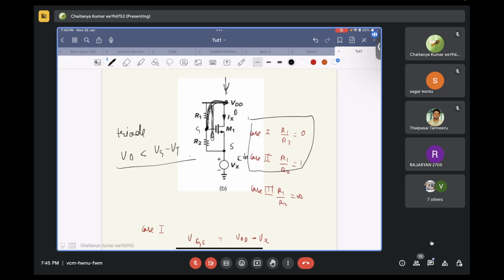Your drain voltage will always be equal to your gate voltage for a complete short, or greater than the gate voltage when there is a resistance. So whenever there is a connection between your drain and gate, your transistor will either be in cutoff or be in saturation. It won't go into triode.